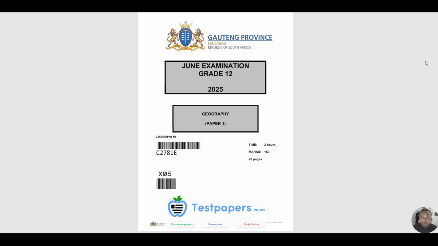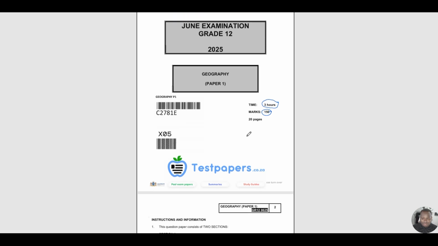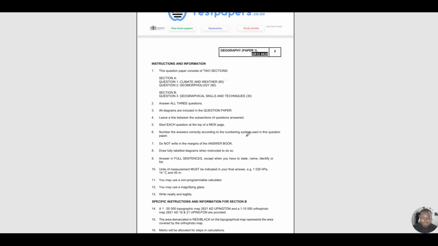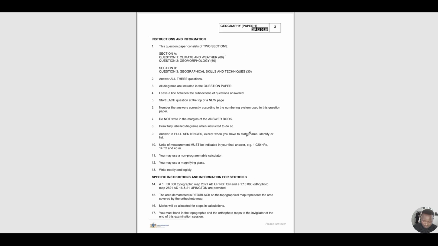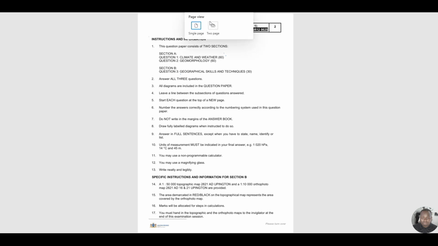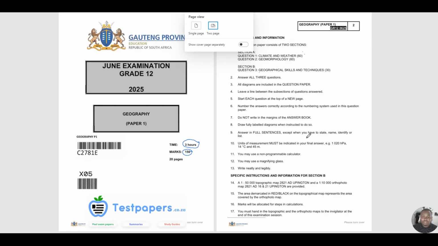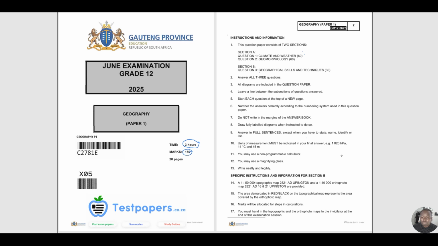Okay, before we move fast, let's check some few things. The paper is 3 hours. The paper is out of 150. And let's check some few pointers also. The paper has 3 sections.